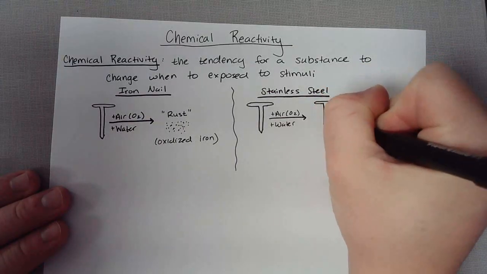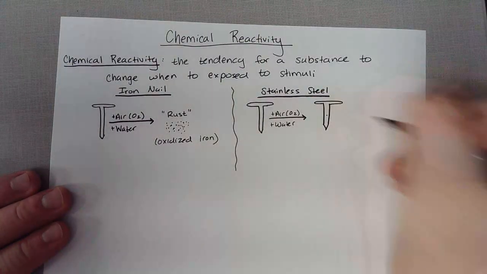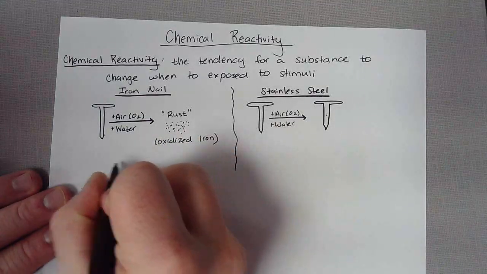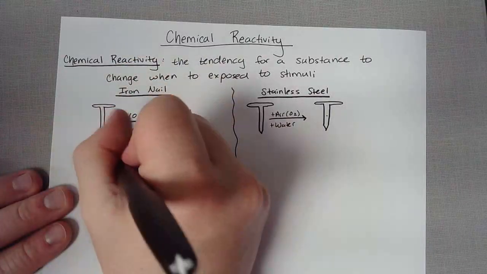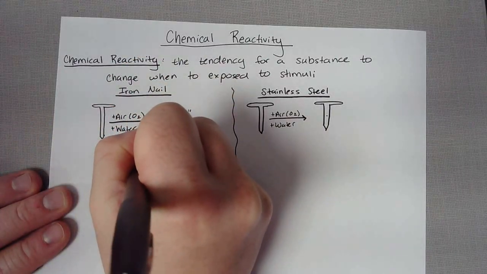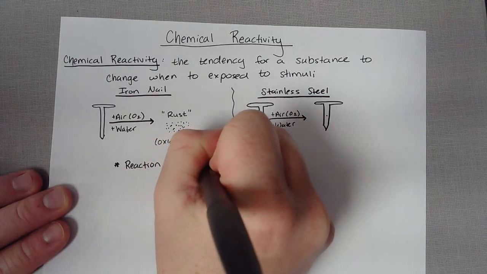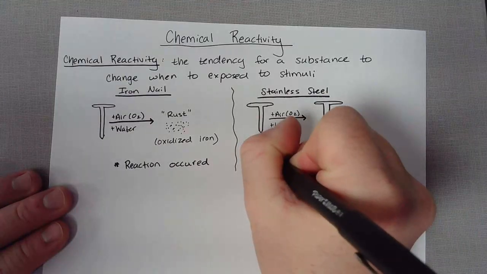That stainless steel nail is going to be relatively fine. Now, it might change a little bit. You might get a speck of imperfection on there, but we can definitely see this iron nail reacted much more strongly and quickly than that stainless steel nail.